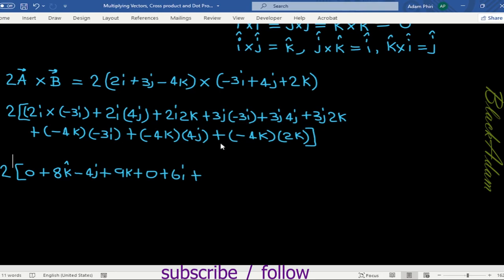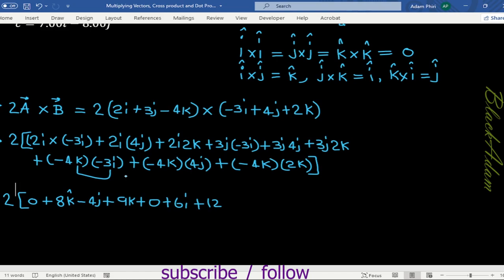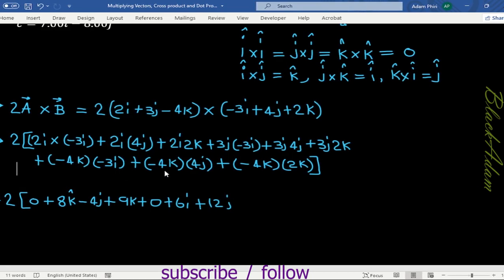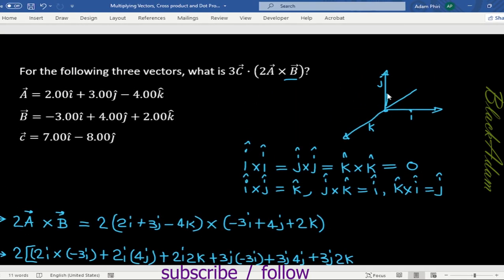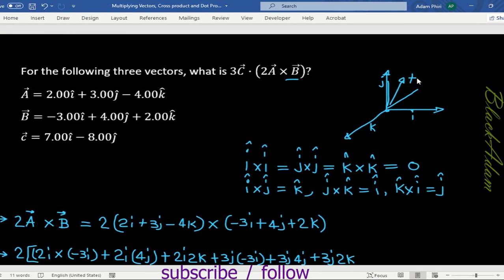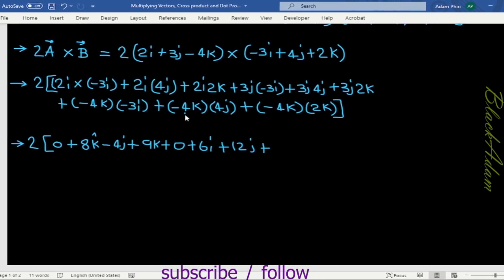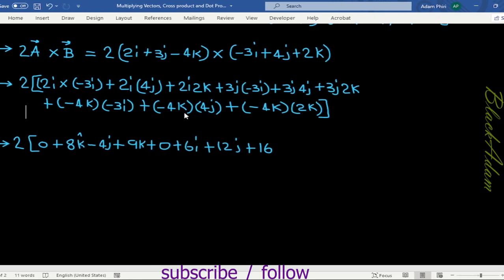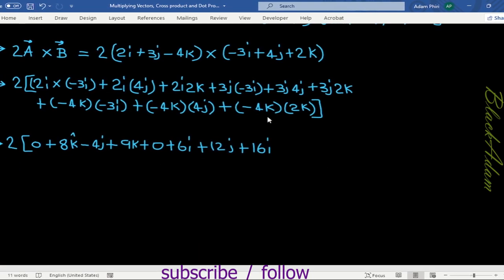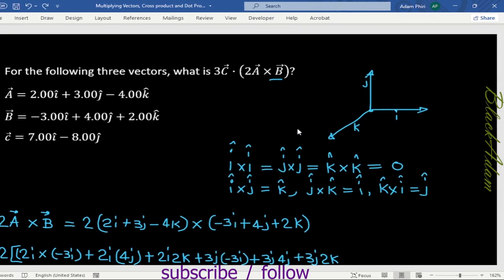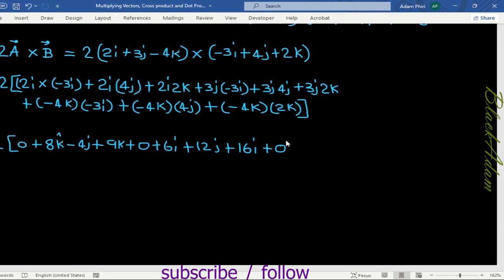Just consider which sign it will carry using the right hand rule. So that's going to be 12, k times i, that will be j. And then negatives is positive, and then j and k is going to be 16i, and the negative k gives us 0, k cross k is 0.